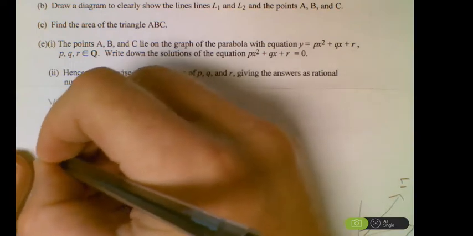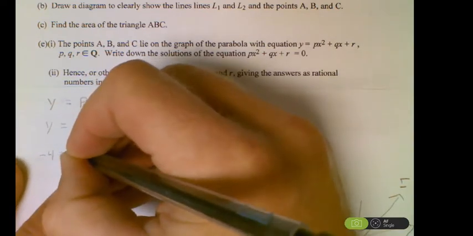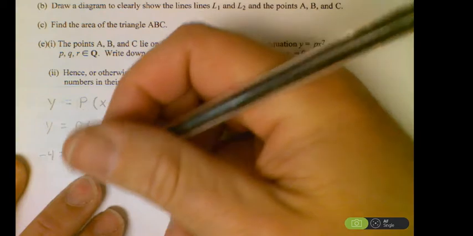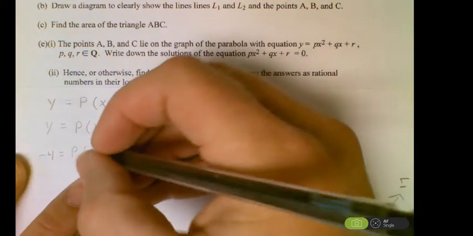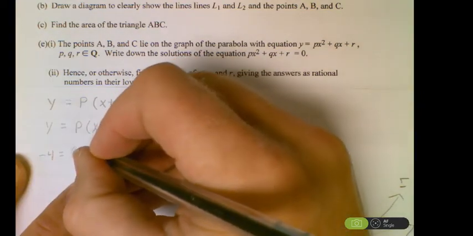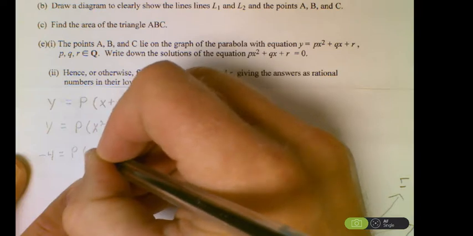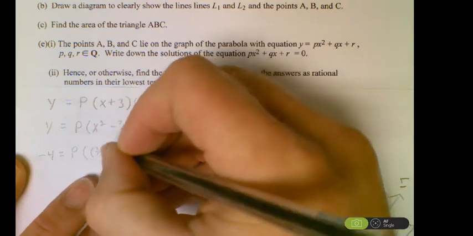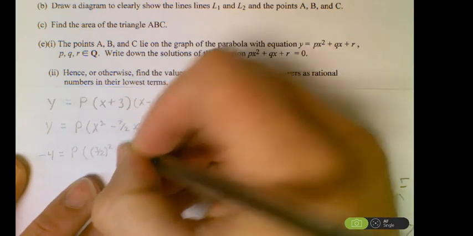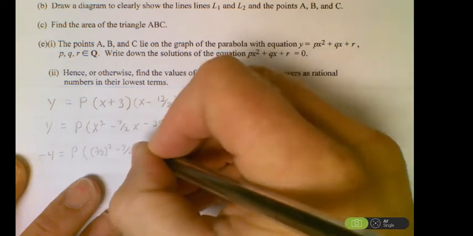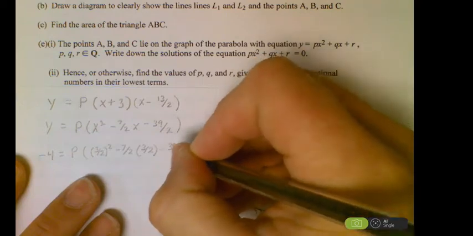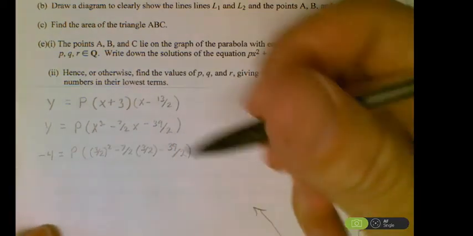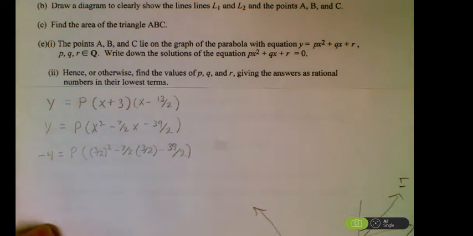So we'd be looking at a -4 here, working on finding our p-value, and we said we were subbing in 3 halves for x. So it doesn't matter if you want to do that as a fraction or a decimal, whatever works for you on that. And then we're just solving that to get p by itself.